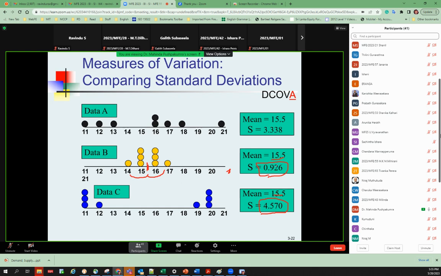That's why the average deviation is 0.926. So for an individual data set, you can also interpret: if the standard deviation is very high compared to the mean, then data deviate from the mean. If it is a small value, data are concentrated around the mean.